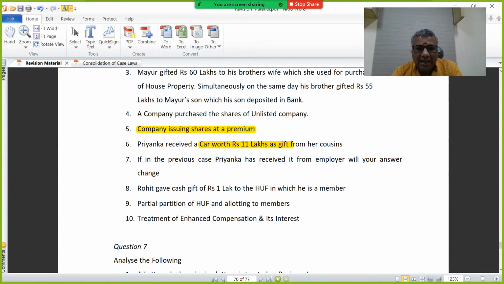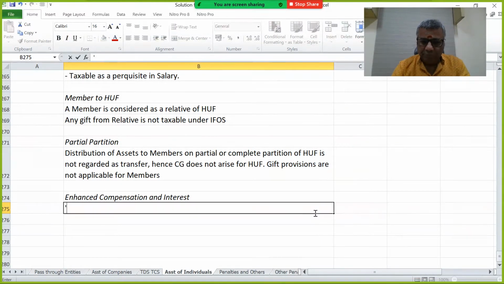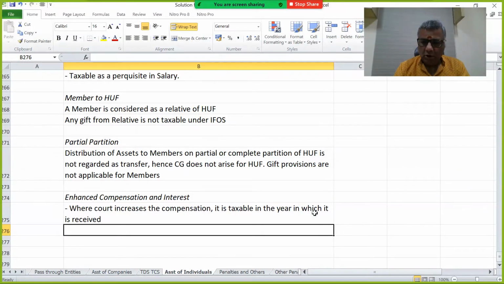Treatment of enhanced compensation and its interest. Where court increases the compensation, it is taxable in the year in which it is received.